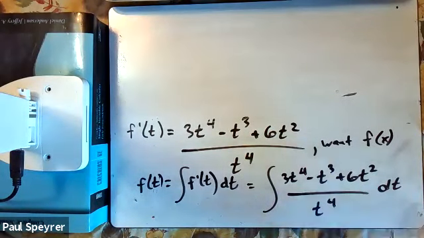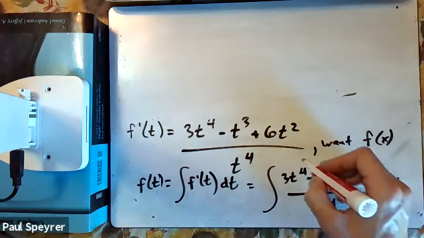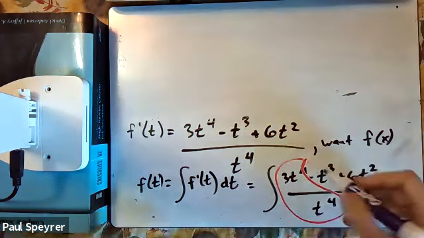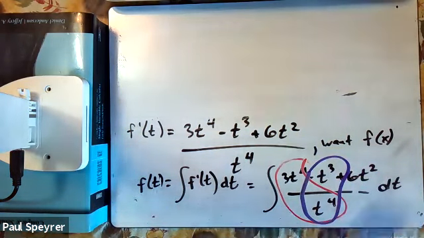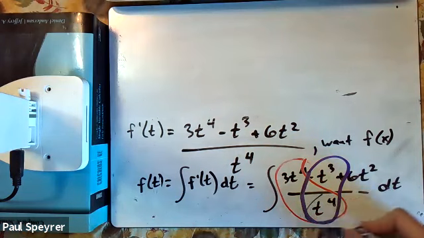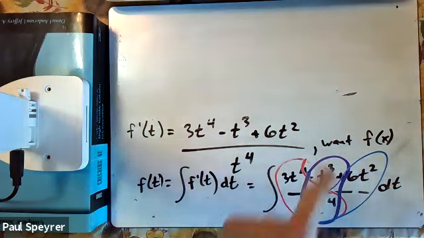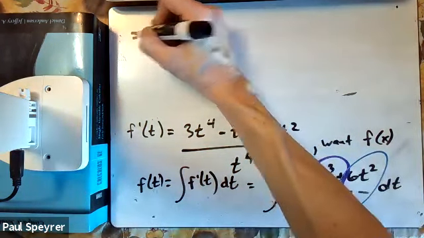Then we could integrate it. And we can, because we can take this t to the fourth and divide it into every single piece, right? Remember, when you divide the bottom, it has to go into everything up top. So that's what we're going to do individually right here.